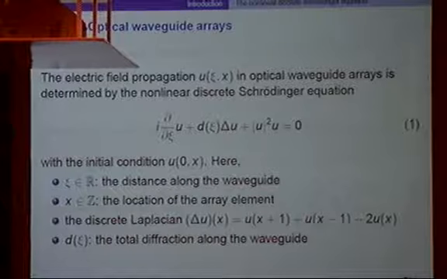So x is in Z, which represents the location of the array element, and psi is the distance along each array, the length. So that variable is psi, and the location of the array element is x. The solution represents the electric field propagation in optical waveguide arrays.